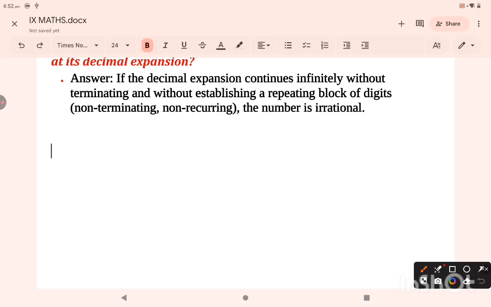They are rational. But all the non-terminating, non-repeating decimals cannot be expressed in the form of p by q. These are irrationals.